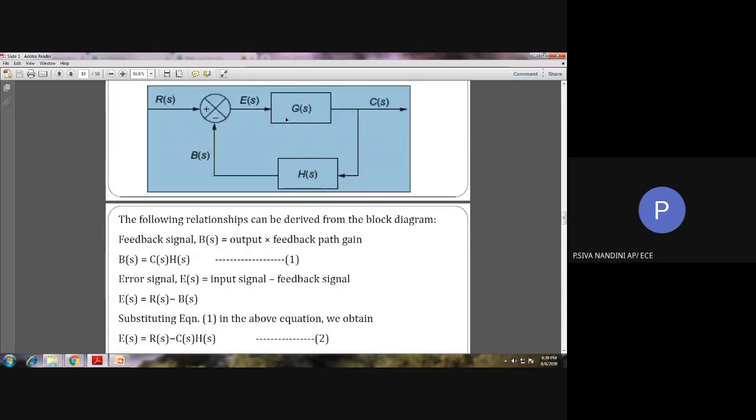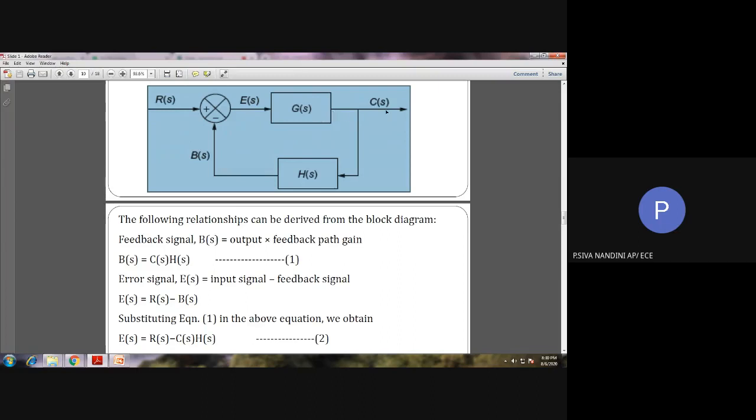This G of S, the block given in the forward path, is known as forward path gain. The block given in the feedback path is known as feedback path gain. So G of S is the forward path gain because this block is given in the forward path.